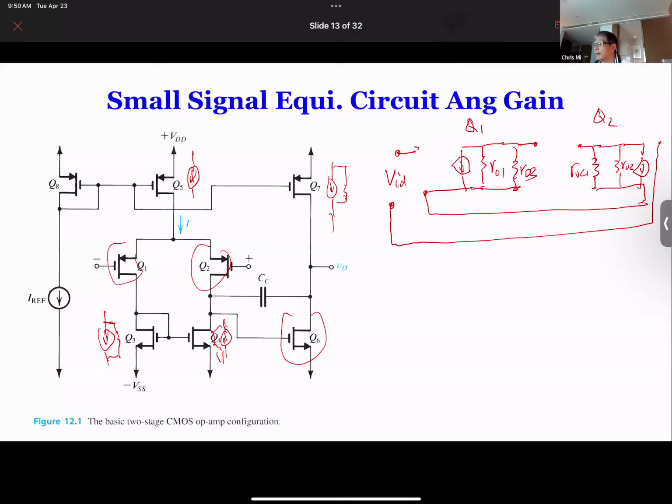Your VID is connected over here. Because this one has nowhere to go, we only measure VO1 here.